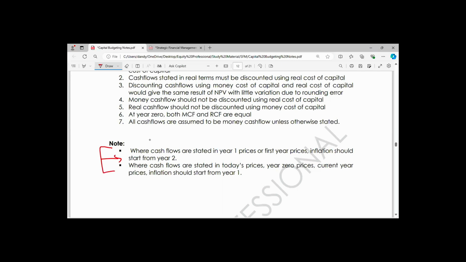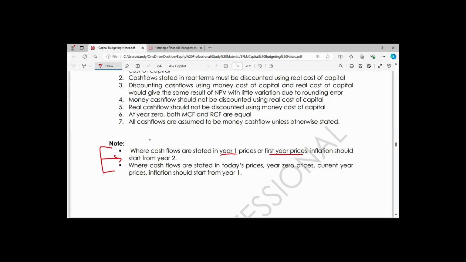Meaning that once you are told in the question that the cash flow given to you is in year one prices, you don't inflate year one prices. You start inflating from year two, because your year one price represents the base year price, which you are going to use to project the future cash flows.